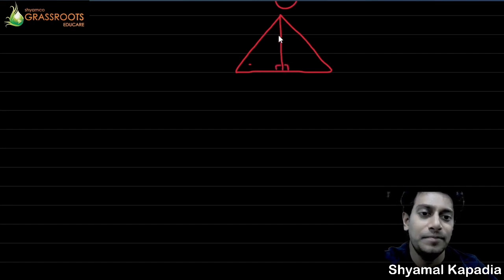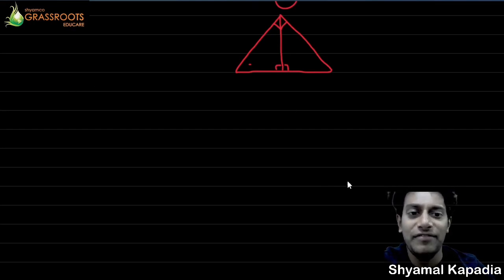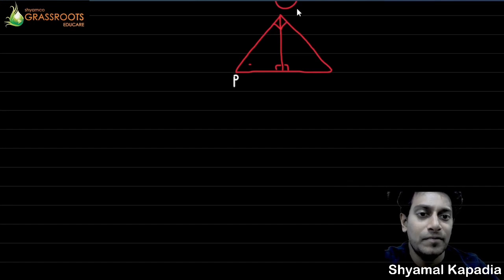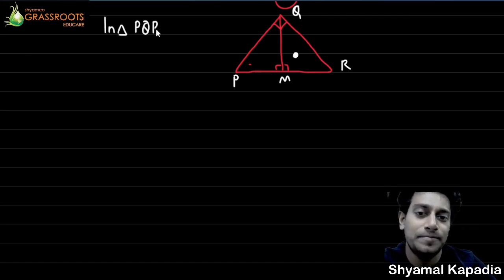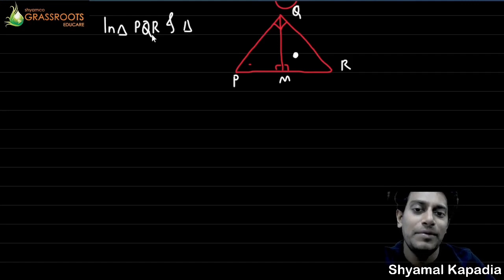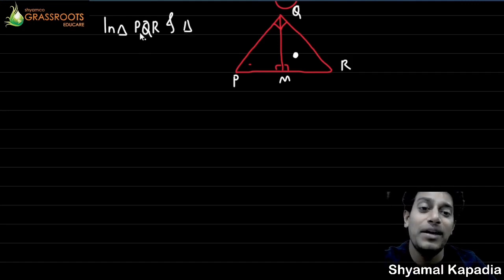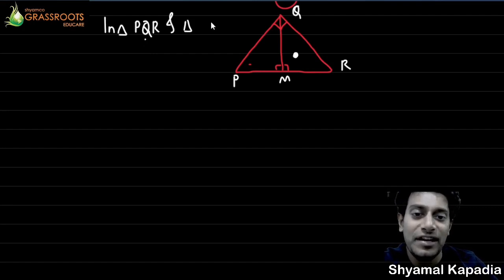This is 90, this is 90, properly, and out here we have P, Q, R, M. Let's take this triangle and the full triangle. So first quickly naming the full triangle again. In triangle PQR, tell me one thing, who is 90? Q is 90. In the right side triangle, who is 90? On the right side, M is 90. So where Q is situated, M should have the same strategic location.